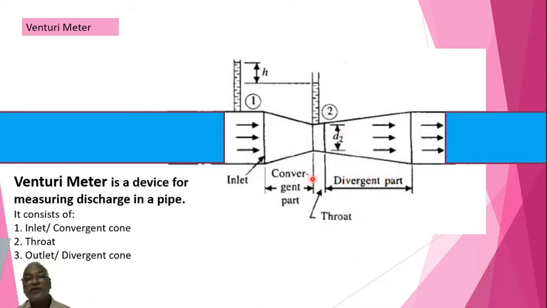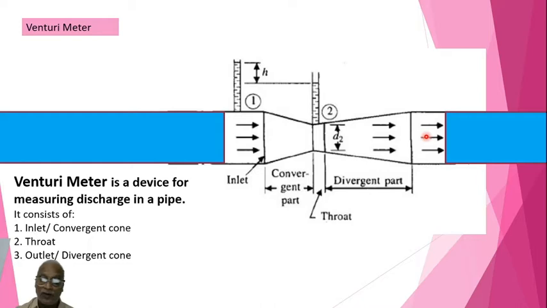What you can observe here is the length of convergence is less than the length of divergence. Because of that, the Venturimeter cannot be used the other way around. Means you cannot apply the flow this way and try to measure the discharge. Make a note of this, right? Always the smaller convergence end will be the inlet end, and the longer diverging end will be downstream.